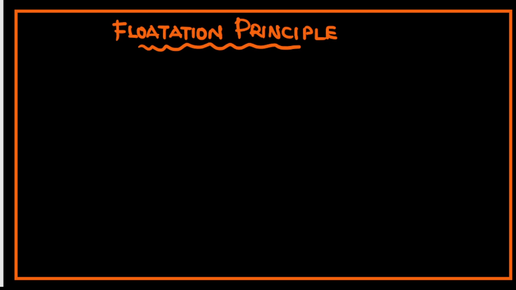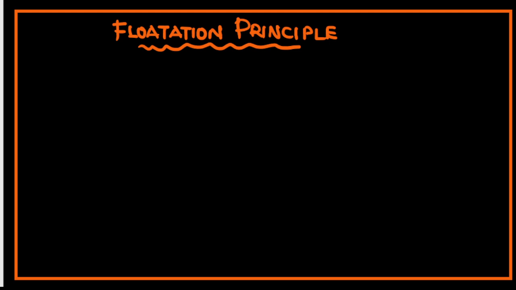In advanced texts, you are going to see Archimedes principle 1 and Archimedes principle 2. Principle 1 is the one that we have already stated: when an object is partially or totally immersed in a fluid, the upthrust experienced by the object is equal to the weight of the fluid displaced, while Archimedes principle 2 is the flotation principle. It's giving you the reason why an object floats.